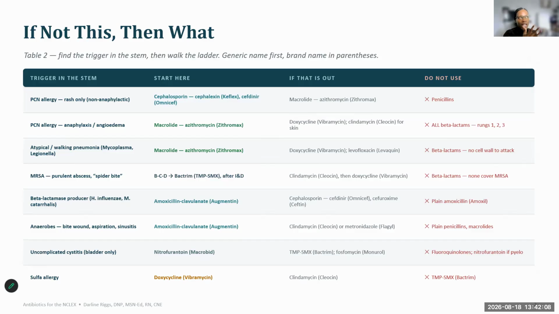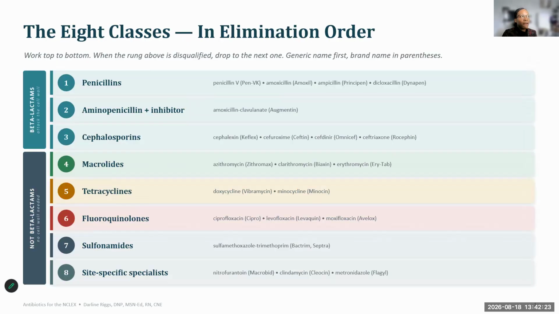If for some reason you cannot go with cephalosporin, then go down the cascade to your macrolide, okay? Then go through to azithromycin, okay? So if you go back, you see here, you can't give cephalexin for whatever reason.